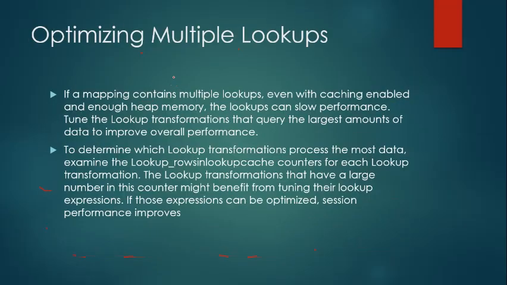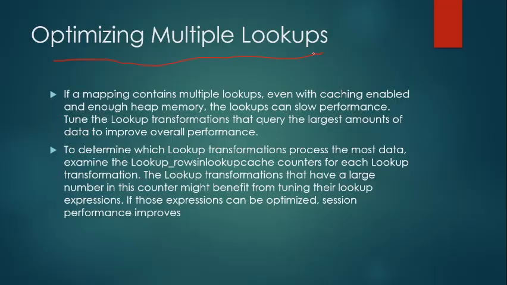So how to optimize multiple lookups? If a mapping contains multiple lookups, even with caching enabled and enough heap memory, the lookups can slow performance. To tune, find the Lookup transformations that query the largest amount of data to improve overall performance.